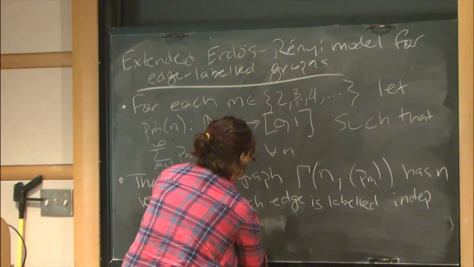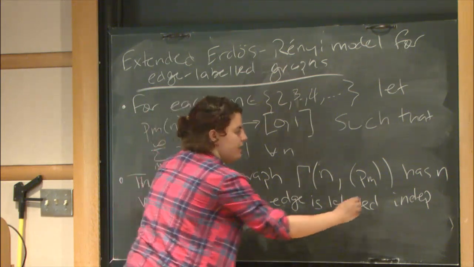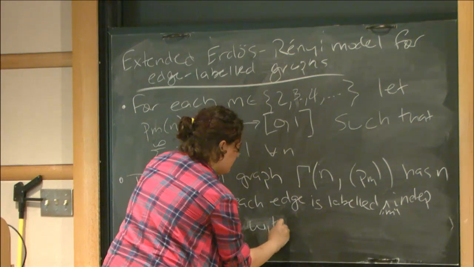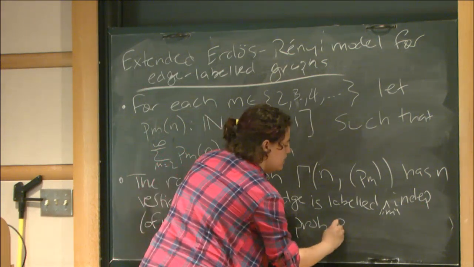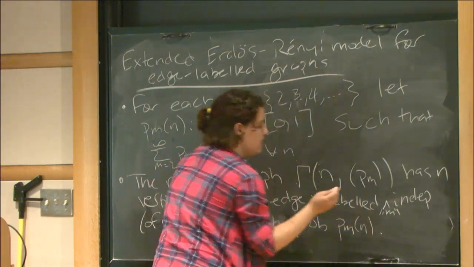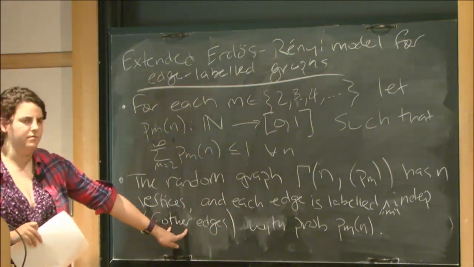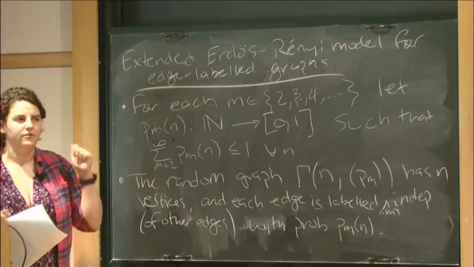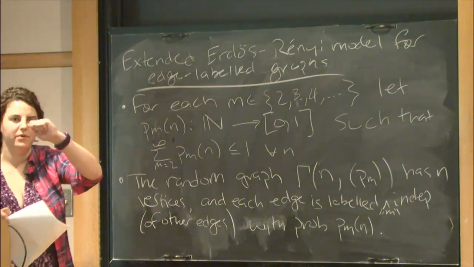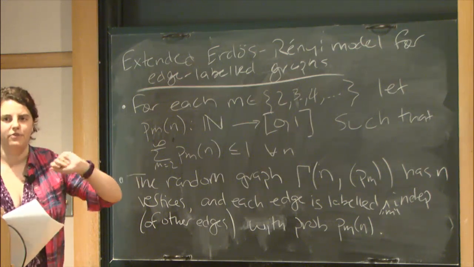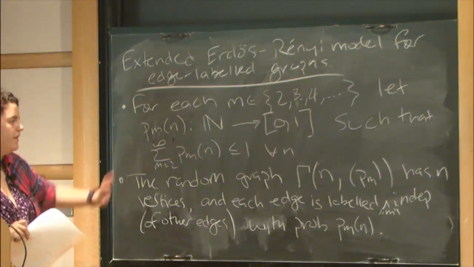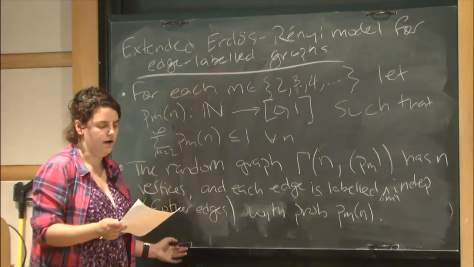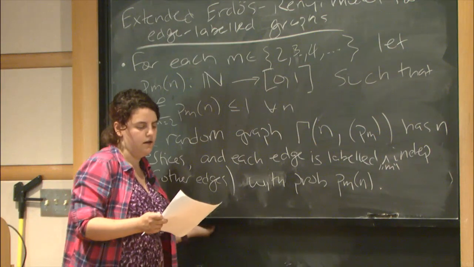So it's labeled m with probability p sub m of n. Okay, and the reason I'm being a little bit careful about saying it's independent of the other edges is because obviously the probability that an edge is labeled 2 is not independent of the probability that it's labeled 3, because those can't both happen. There's only one label on each edge. But the labels are chosen independently for the edges. Okay.